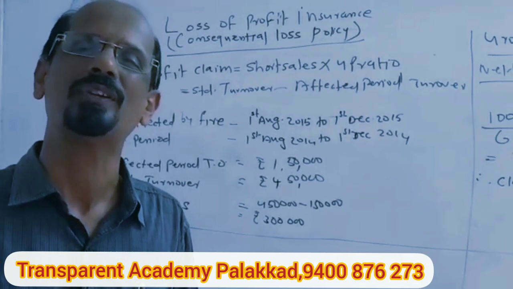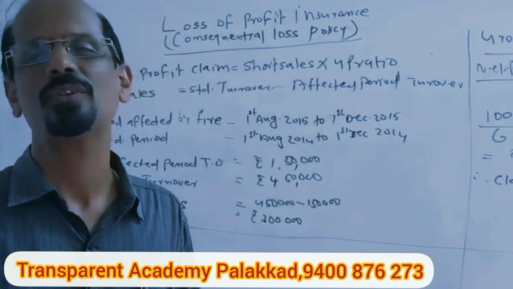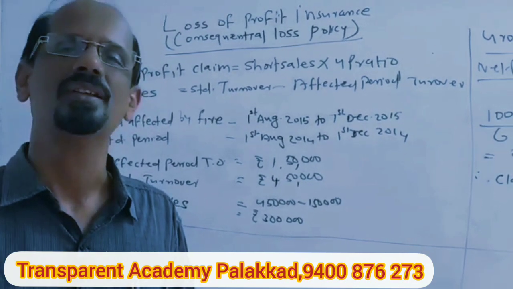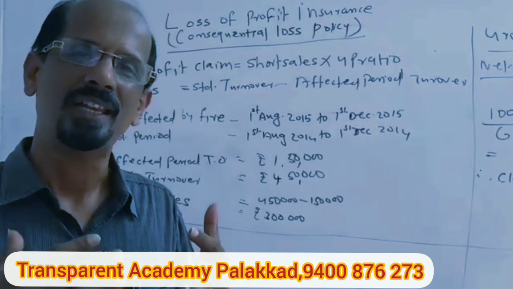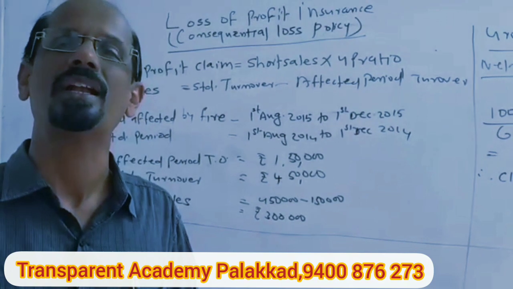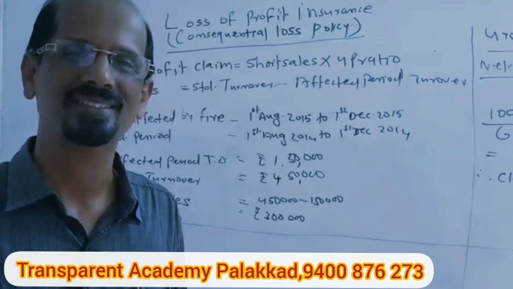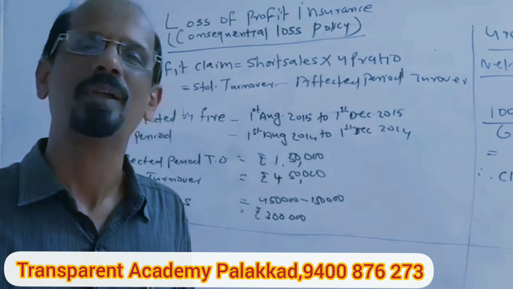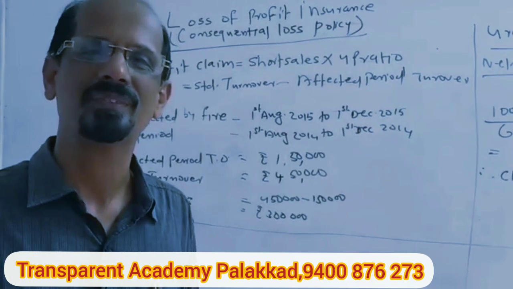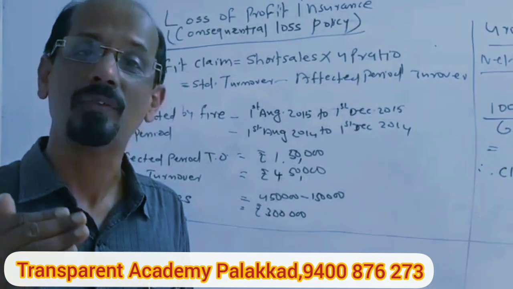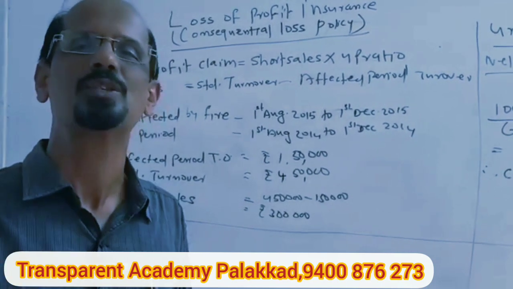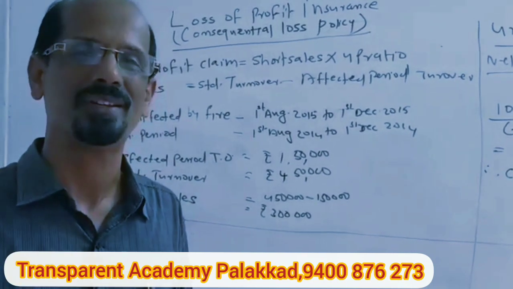Loss of profit insurance means, when a fire breaks out, the normal business cannot be conducted for some period. That period may be called the affected period. During that affected period, the profit which we were earning normally in the previous periods cannot be achieved.